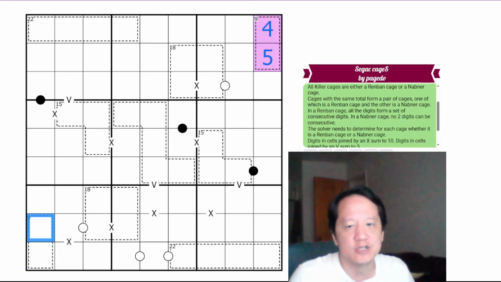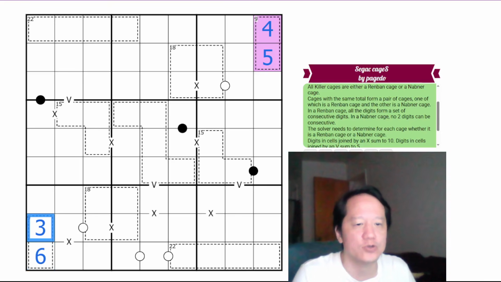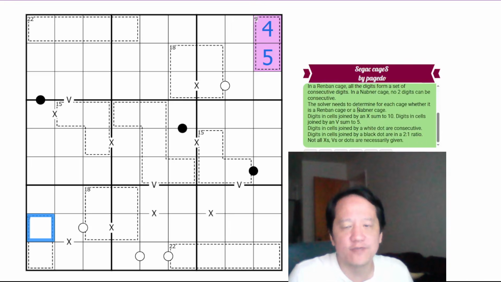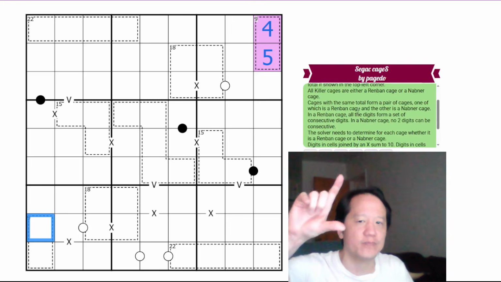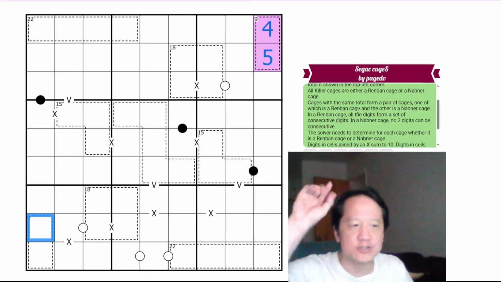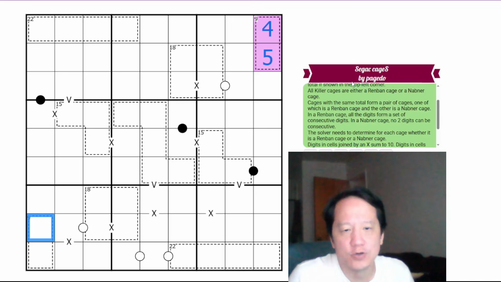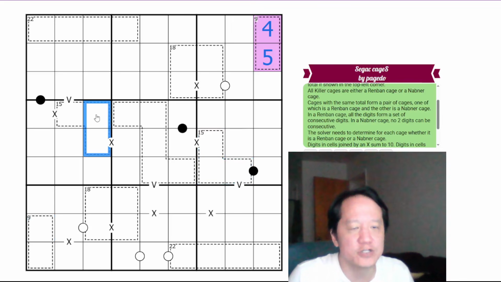So you could have, say, 3 and 6 here, or 2 and 7, or 8 and 1. Those all work. And that's for every cage sum: of every pair of cages that sum to the same total, one is going to be a Nabner cage and one a Renban cage.